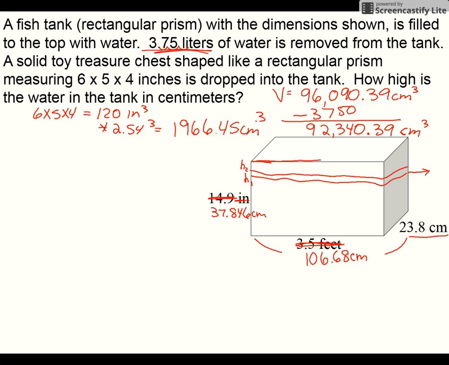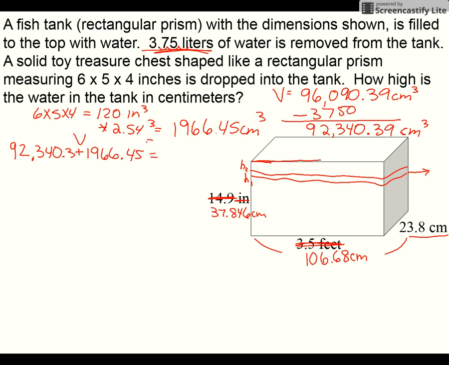Now I got to add that volume. Let's add the volumes together. Let me write it down first: 92,340.39 plus the treasure chest. We're adding the amount after you take out the 3.75 liters of water plus the treasure chest. That's my volume, right?